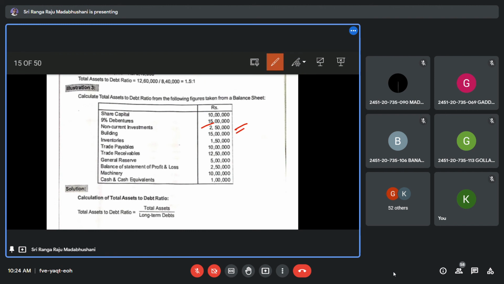Building, inventories are assets. Trade payable is a current liability, so we have not taken it. Trade receivables we have to take. General reserve and balance of statement of profit and loss should not be taken. Machinery, cash and cash equivalents are assets.